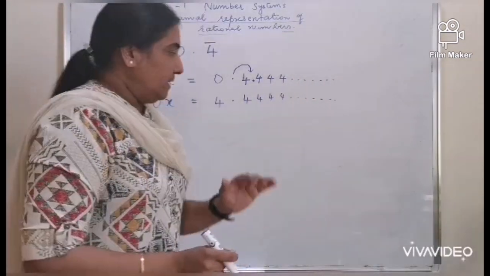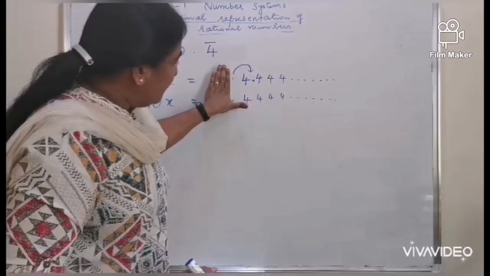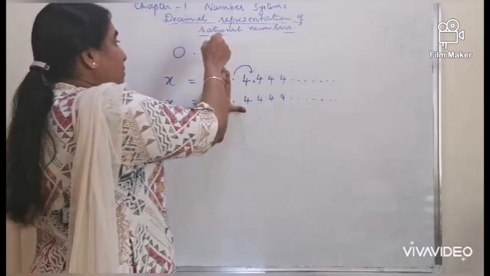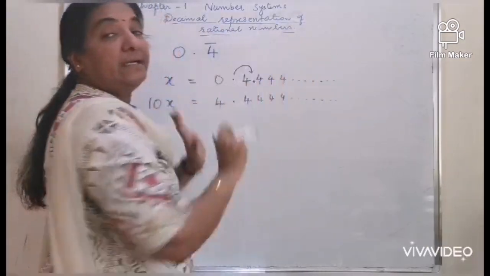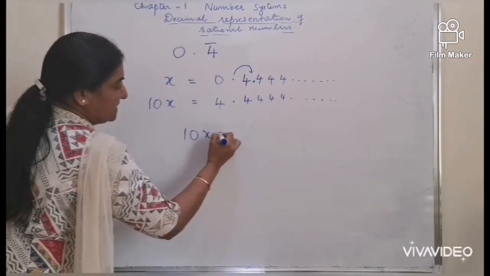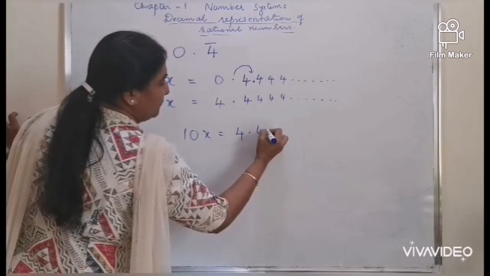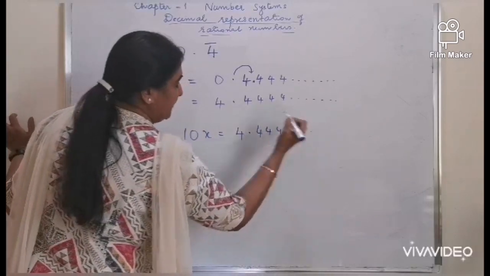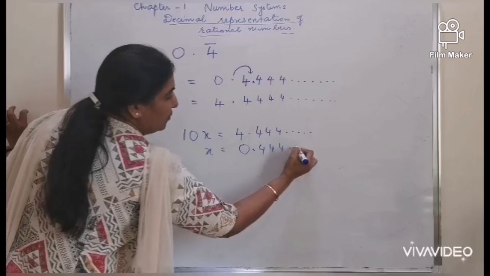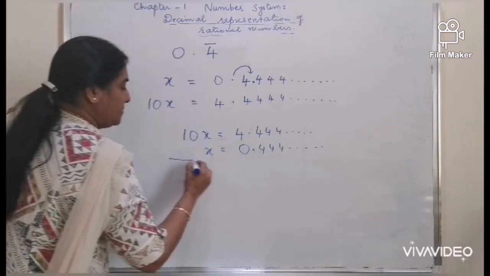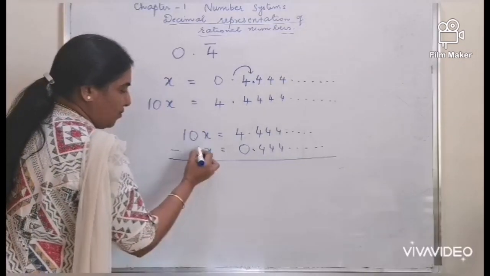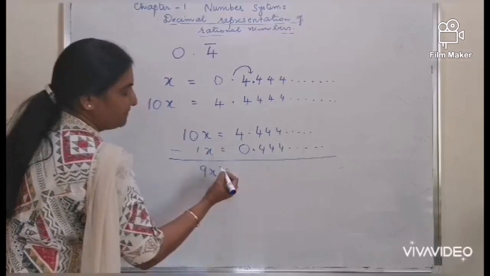To make it very clear that after the decimal there should be only the recurring digits. Once again I will arrange 10x is equal to 4.444, etc., and x is equal to 0.444, etc.